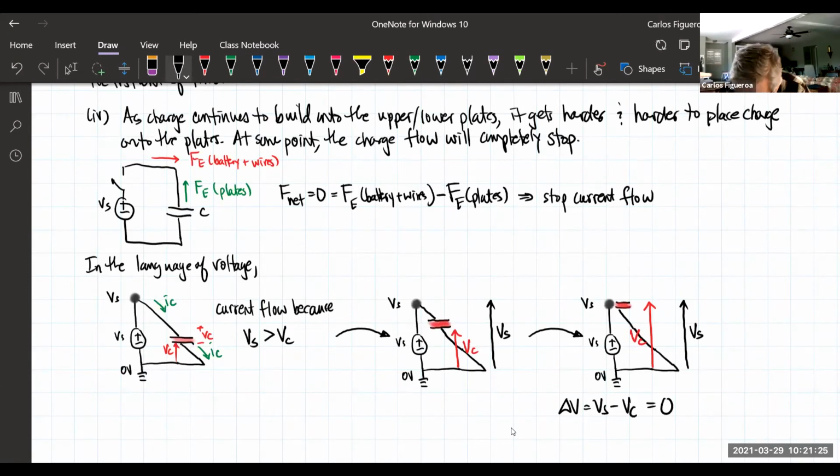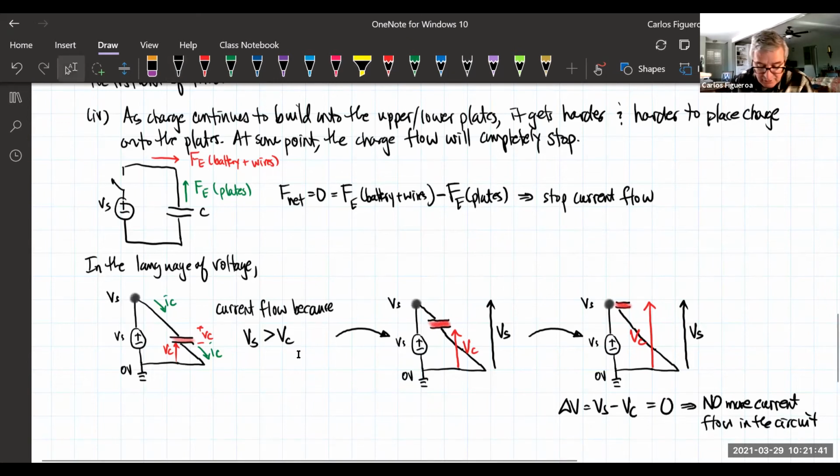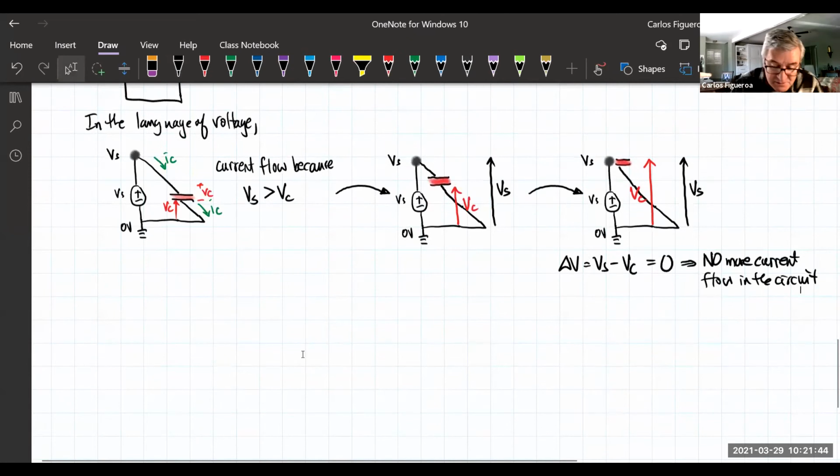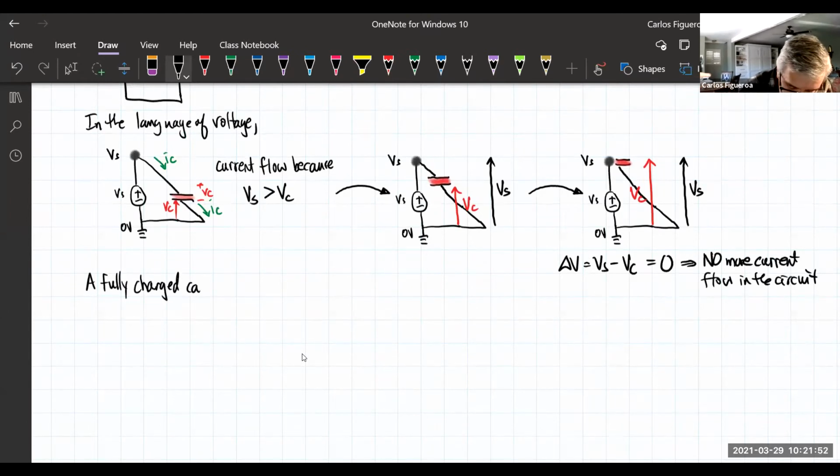And that implies there is no more current flow in the circuit. Because there's no more current flow, a fully charged capacitor acts like an open.